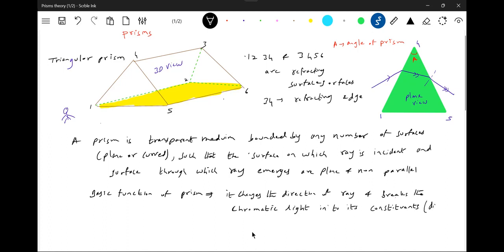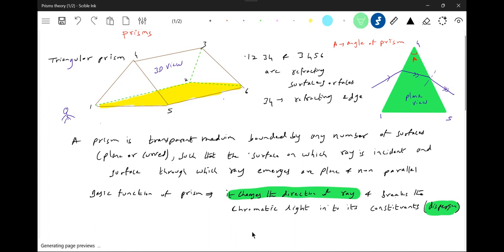This is called dispersion. So it has two purposes: one, it changes the direction of the ray, and next is dispersion. All our applications will be based on only these two parameters. That is the basic function of a prism.